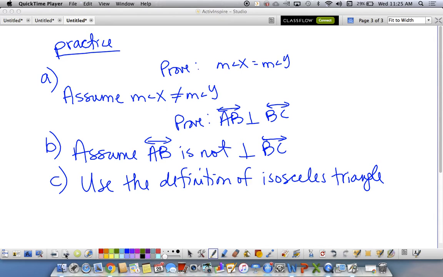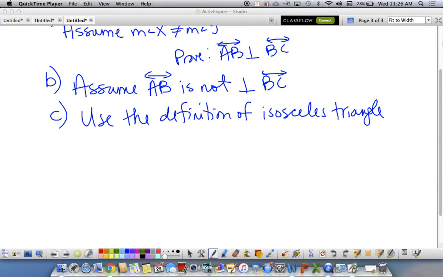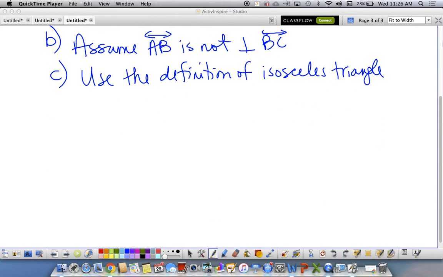Use the definition of an isosceles triangle. They didn't ask us to fill in the whole thing. They're just saying, what would you explore? What would you look for? Maybe it's that none of the sides are equal. Okay, well, let's see. Are the sides equal? Let's see. Do I have room? Let's scroll up a little bit.